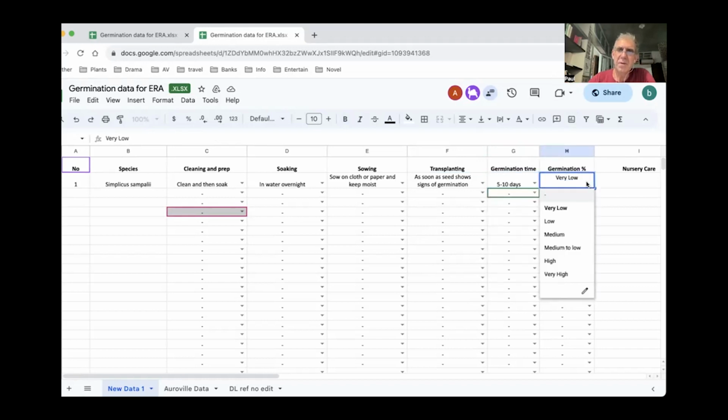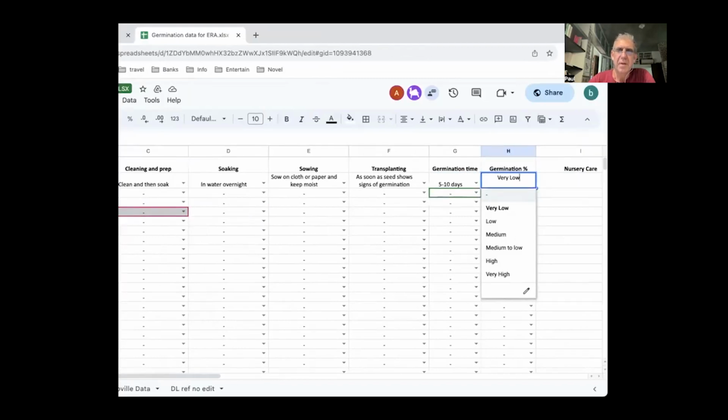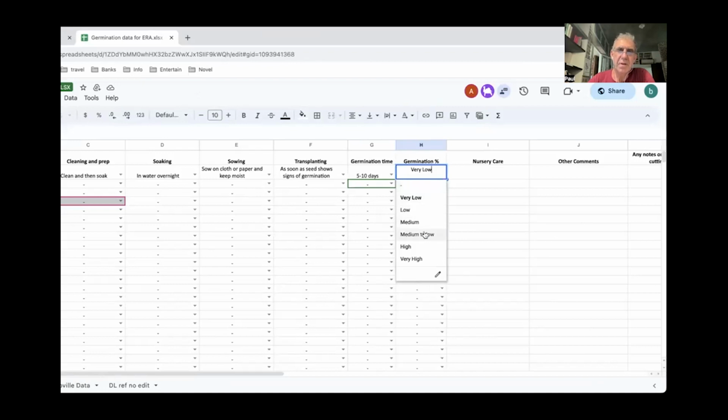Germination percentage, when we look at that, we get into a bit of a dubious situation when we're talking about whether it is very low, medium, or high. So this is a little bit more subjective. But I think very high just means everything germinating.